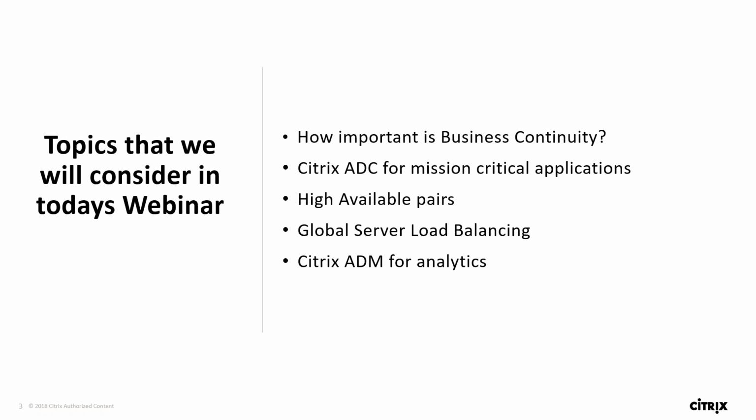Citrix ADC, what does it provide for mission critical applications? High availability pairs as one method of protection. Global server load balancing as another form of protection. And then finally, Citrix ADM for analytics to answer the question of am I, or better yet, is my organization protected?